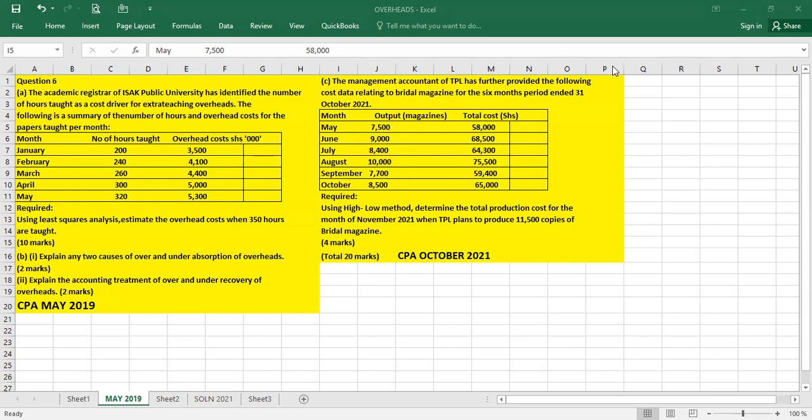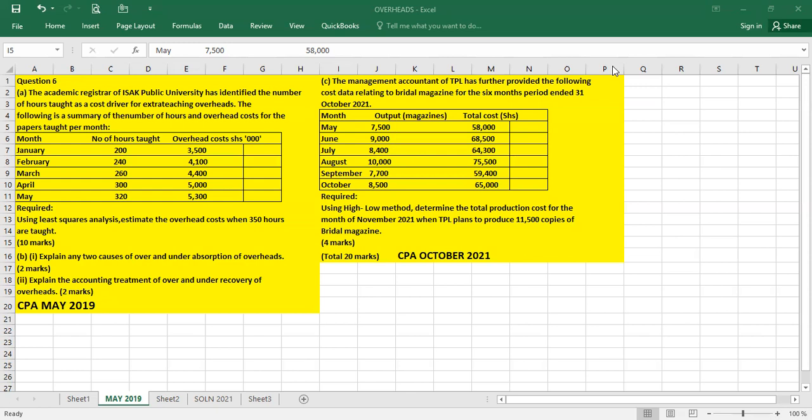So allow me to go to the least squares method, and we're going to be using Question 6, May 2019, that is a CPA paper.